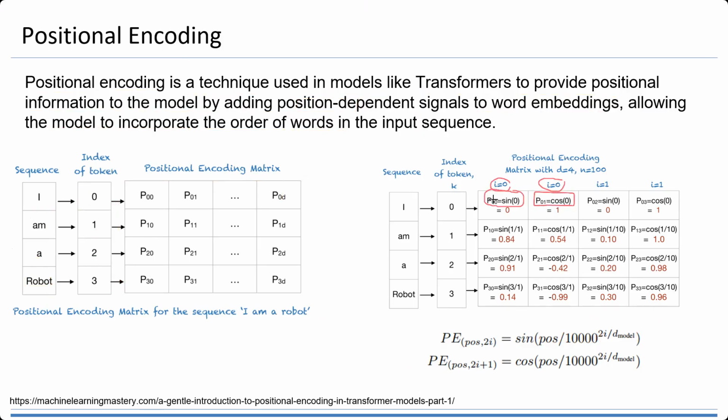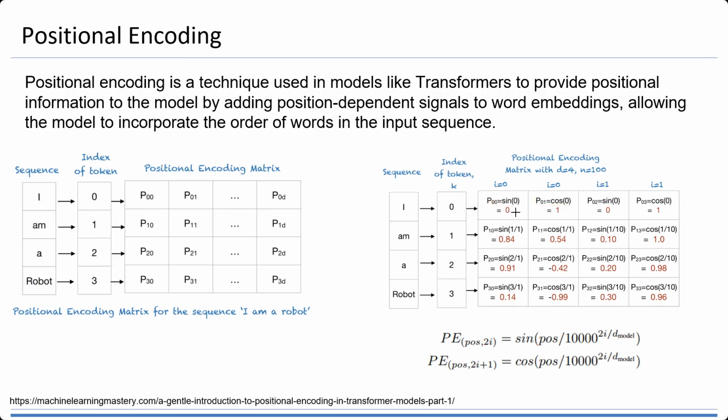For the position 0, and at the index 2i. So it means in the index 2 multiplied by i, it is in the index 0, 0. Then we will do the sinus. What is the position? And then we will divide with 10,000 to the power of 2 multiplied by i divided by the D model.